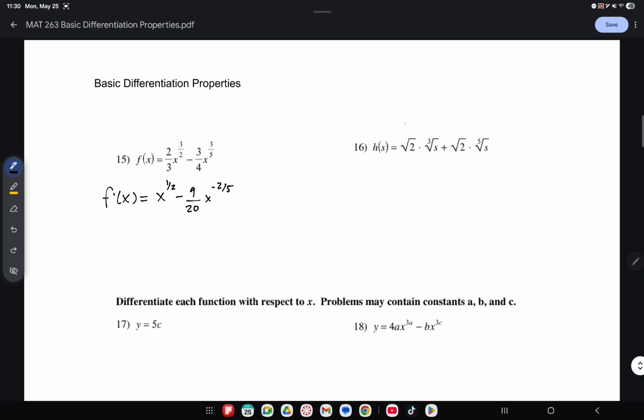Interesting. Square root of 2 times s to the 1/3 plus square root of 2 s to the 1/5. Okay, so square root of 2 divided by 3 times s to the negative 2/3 plus the square root of 2 divided by 5, s to the negative 4/5.